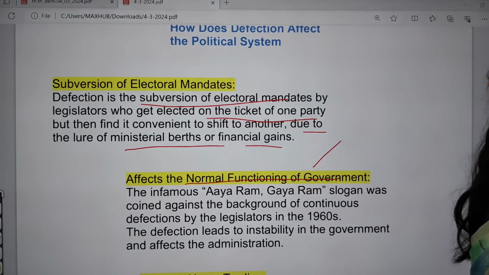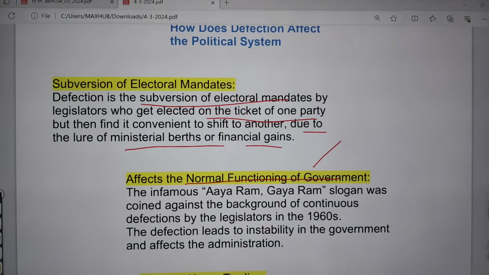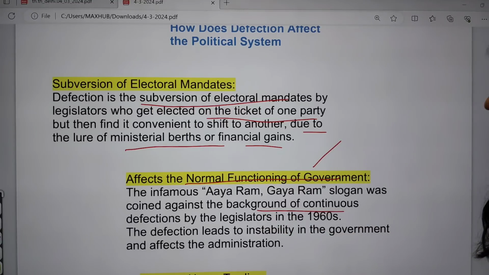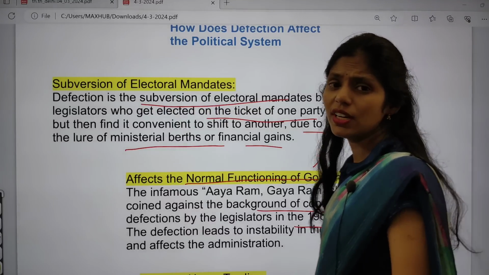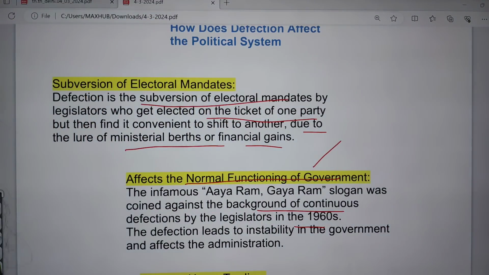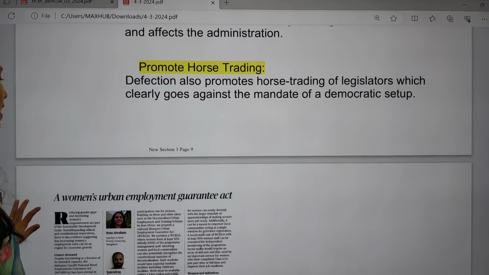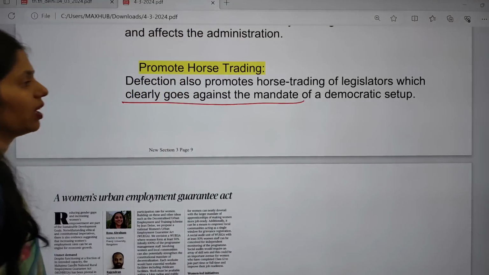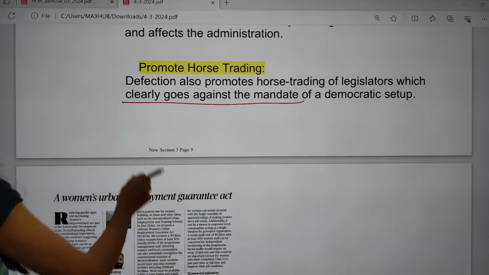There was one famous slogan, Ayaram Gayaram. It was coined against the background of continuous defection by legislators in 1960. And even this anti-defection law promotes horse trading of legislators, which goes clearly against the mandate of a democratic setup. So this is the thing that you have to remember.